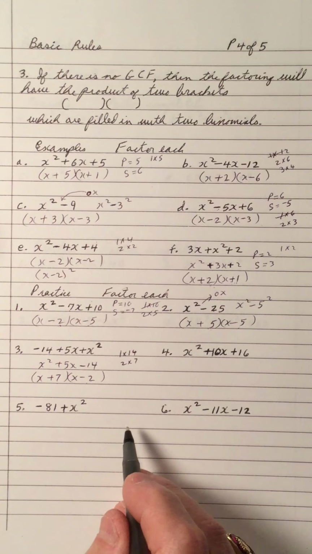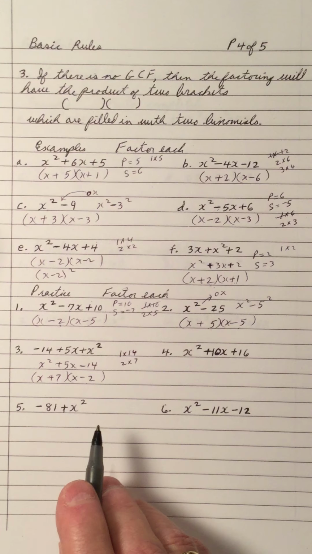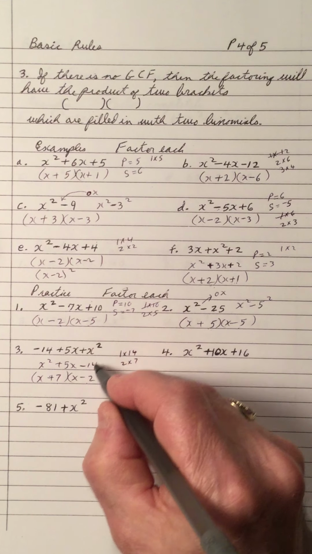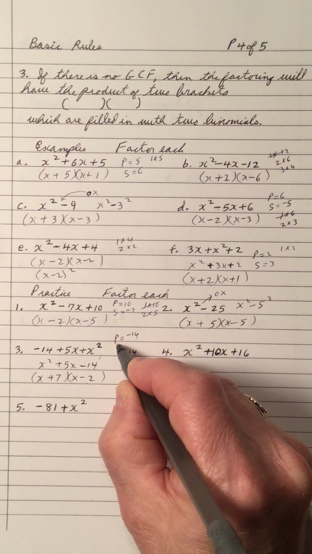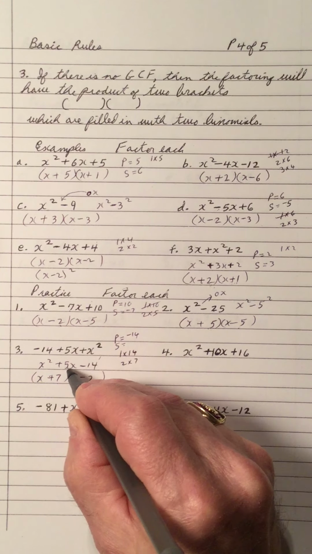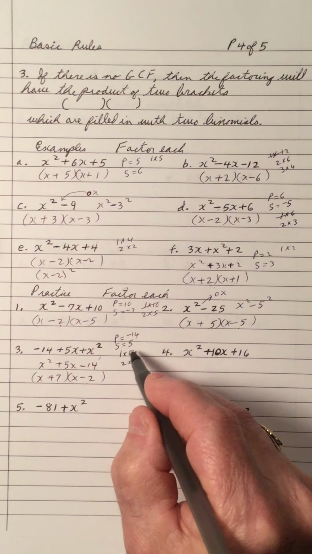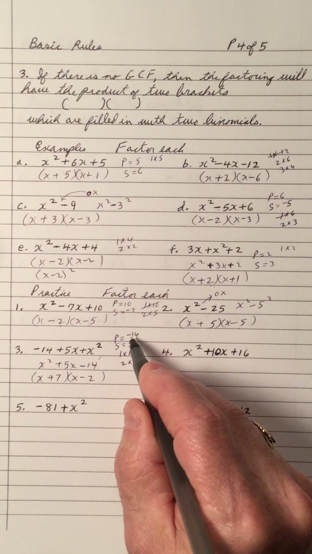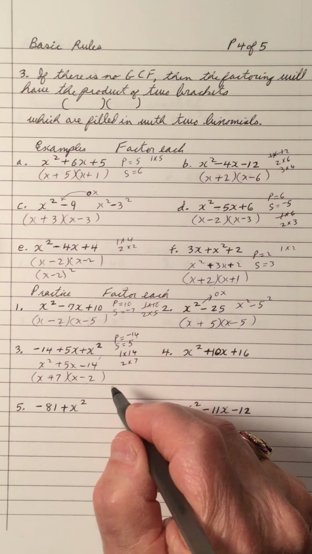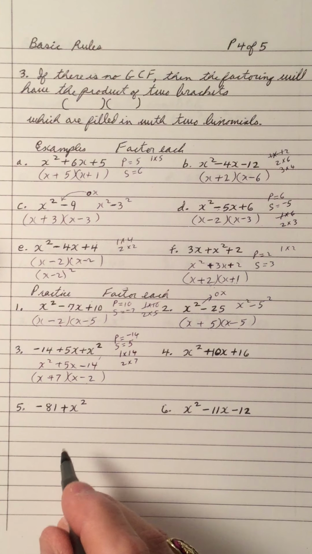Perfect. And we know there's an x because the outside and inside, when we multiply, will have an x added together. Again, the product is -14 and the sum is +5. I didn't write this down, but there it is. It's the product that gives me the right combination that gives me the sum.